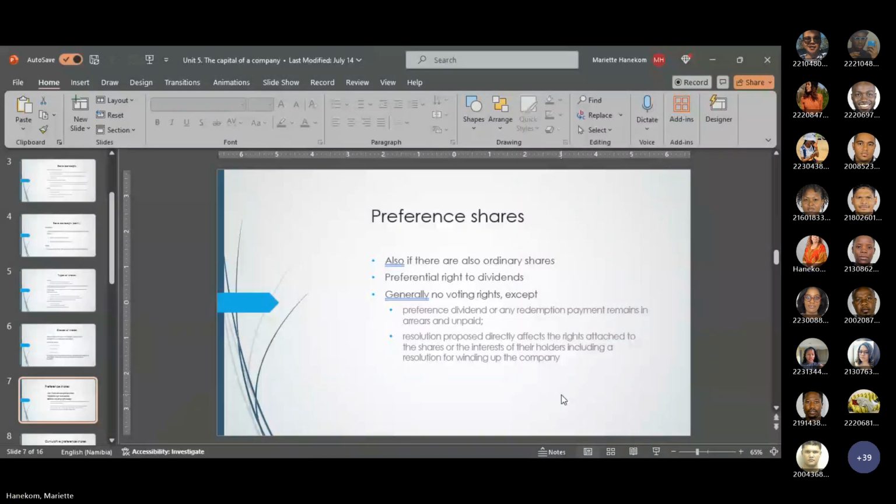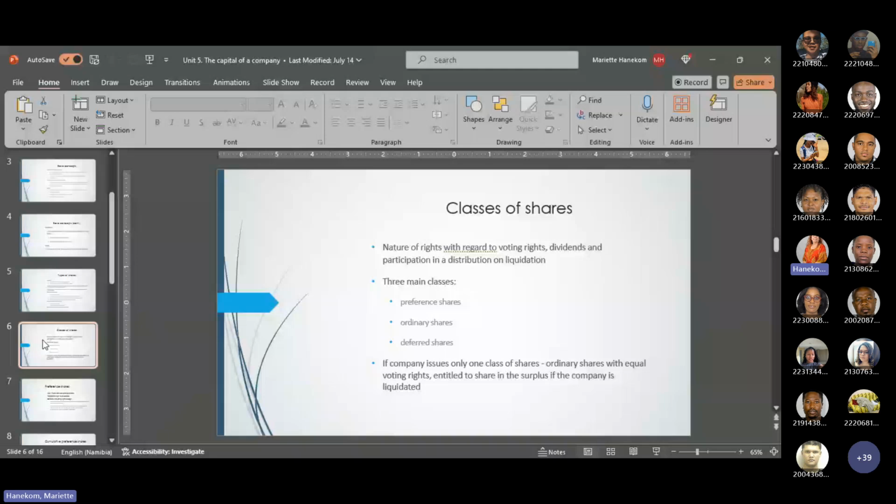Now, a company can issue numerous classes of shares, but it cannot issue preference shares if it does not also have ordinary shares. Let's go back. If a company issues only one class of shares, these must be ordinary shares.